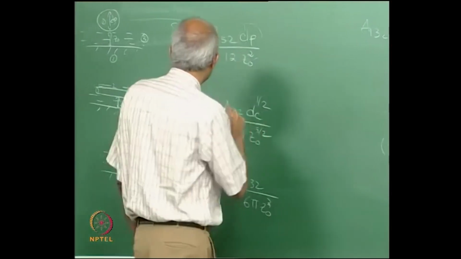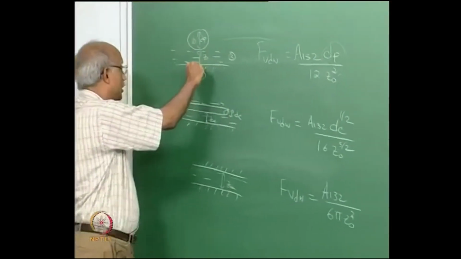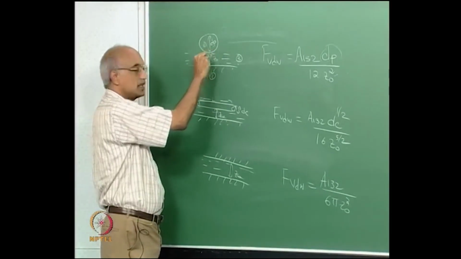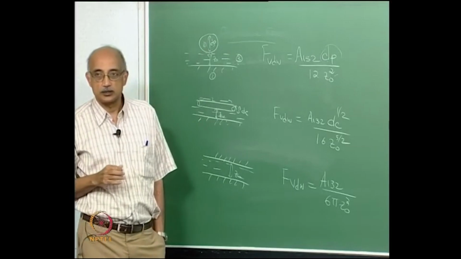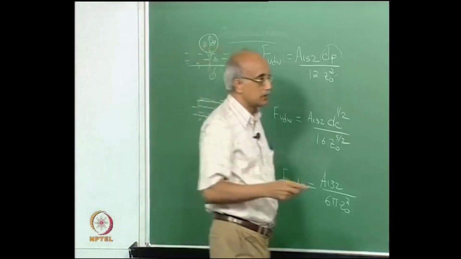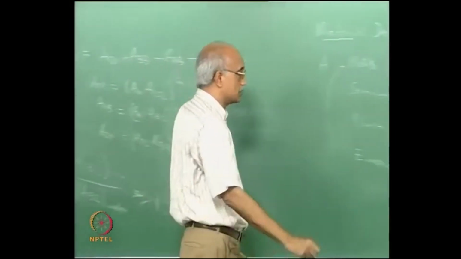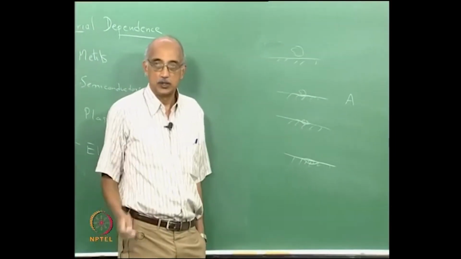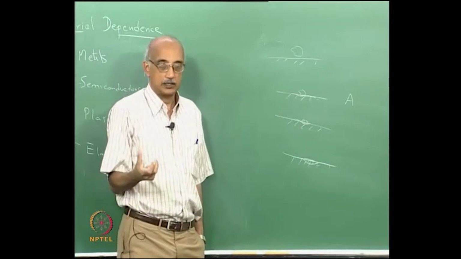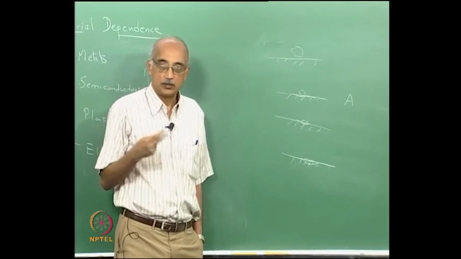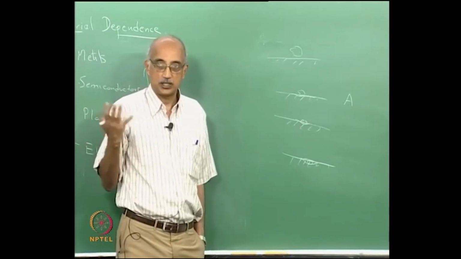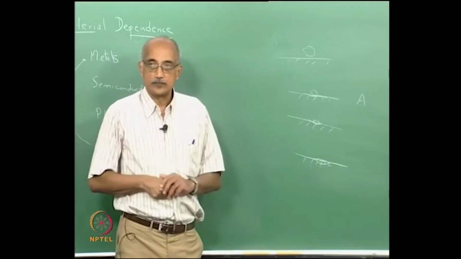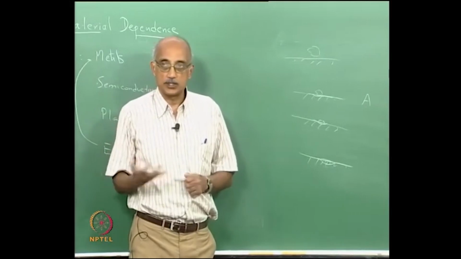In the case of a hard particle approaching a hard surface, the contact area is going to be limited to a very small sector of the particle, whereas as we showed in this illustration, as the particle and or the surface becomes more and more deformable, the effective area of contact increases with time, and force is obviously pressure times area, and therefore as area increases, the adhesion force increases as well.